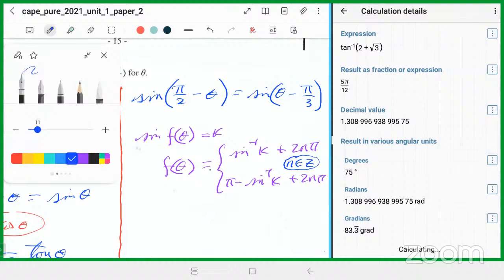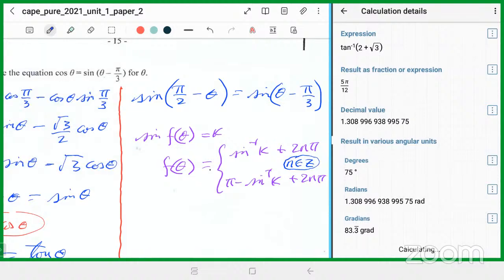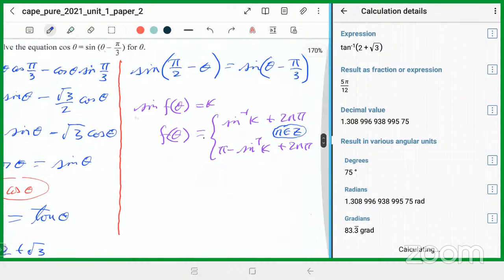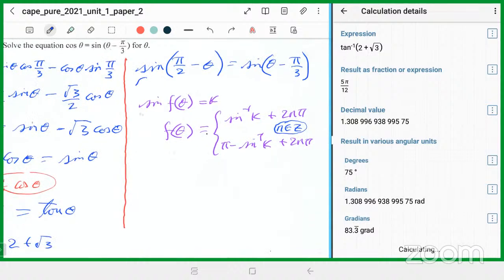So this is like my k, and this is like my f of theta. I know the sine to the -1 of a whole of that, so I'm actually getting that angle. I'm solving this now. So f of theta, which is pi by 2 minus theta, becomes equal to a piecewise result.